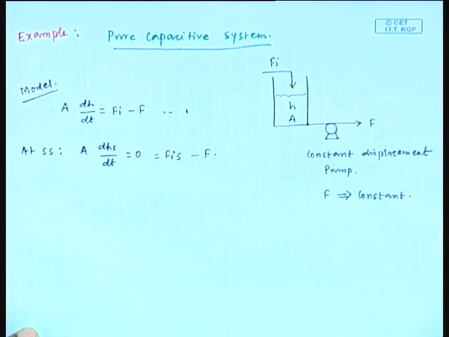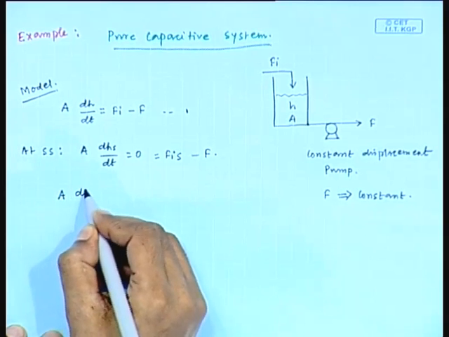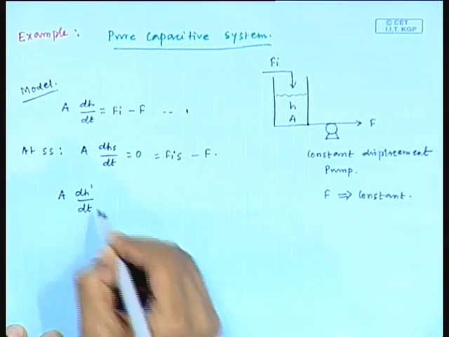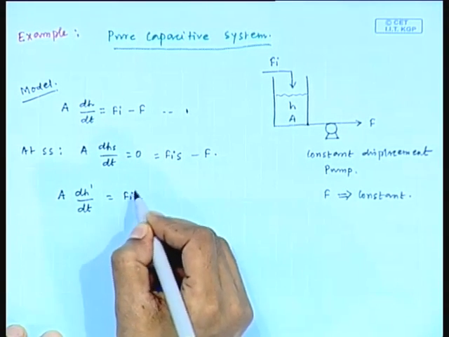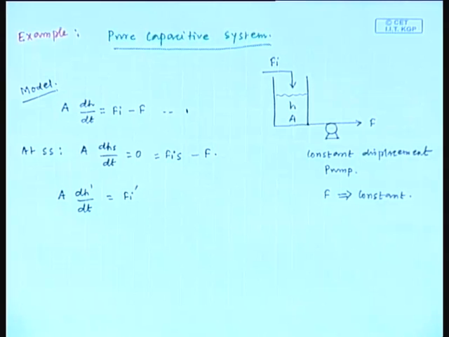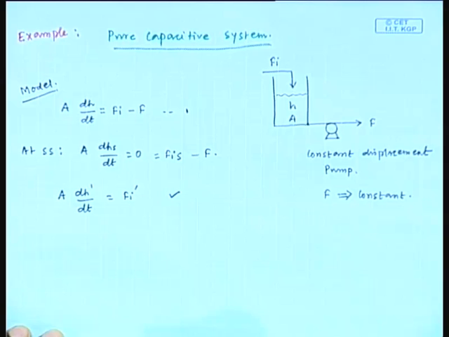Now, subtracting this steady state model from the actual process model, we get the modeling equation in terms of deviation variables.